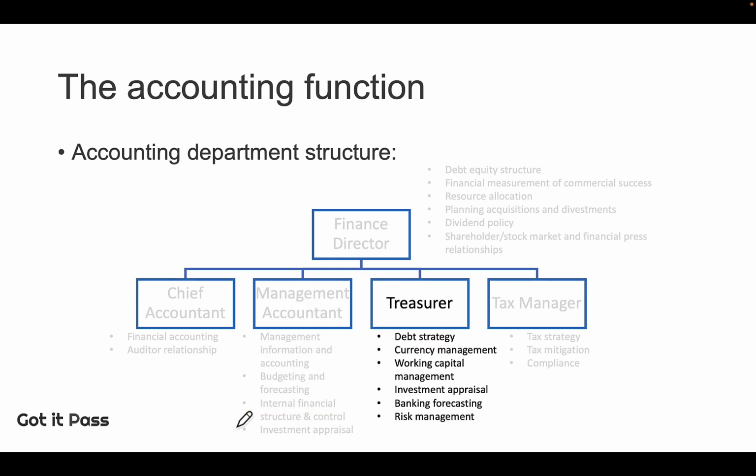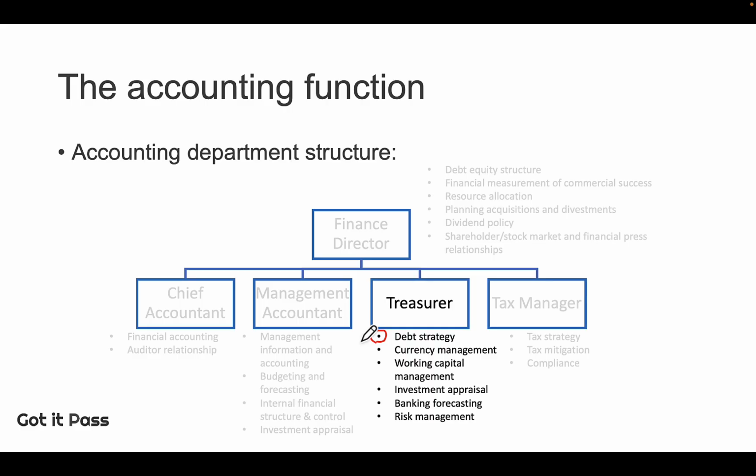Another role under the finance director, which is also in the accounting department, is treasury, which is headed by the treasurer. He or she needs to help the finance director to determine the debt and equity ratio. That means the treasurer needs to consider the debt strategy for the company as a whole.